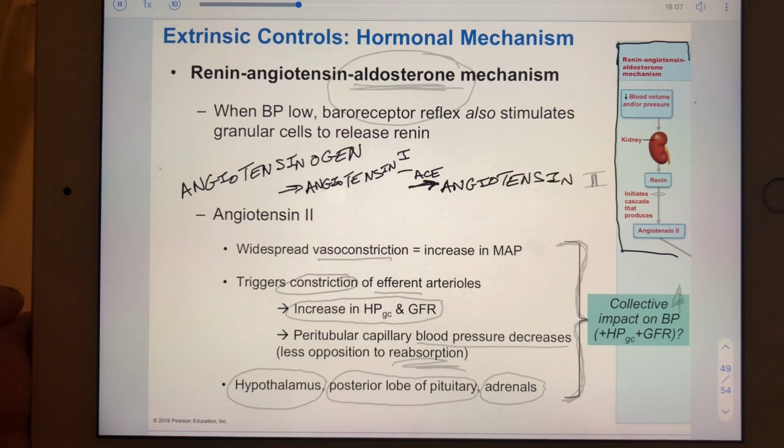All right? And we know angiotensin 2 has many roles to play, many functions to offer. All right?